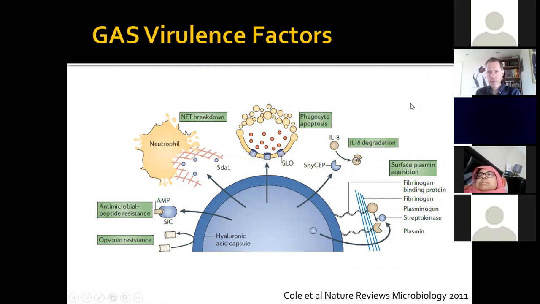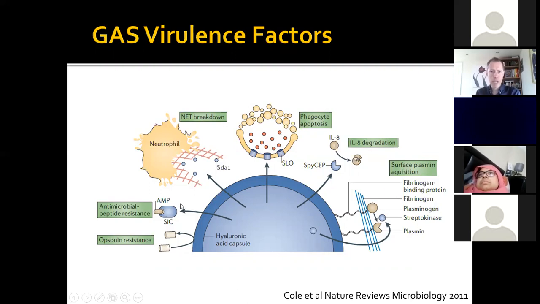And group A streptococcus has a whole arsenal of ways in which it fights against the host immune response, to enable it to establish infection once it has entered the body. Not every group A strep produces all of these factors, but these are things that can influence it.